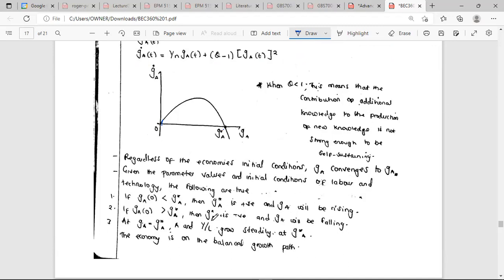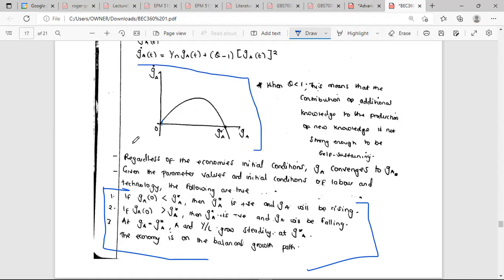It's positive and it is rising. Most of this is just for additional knowledge, really, but you need to understand how this is working.